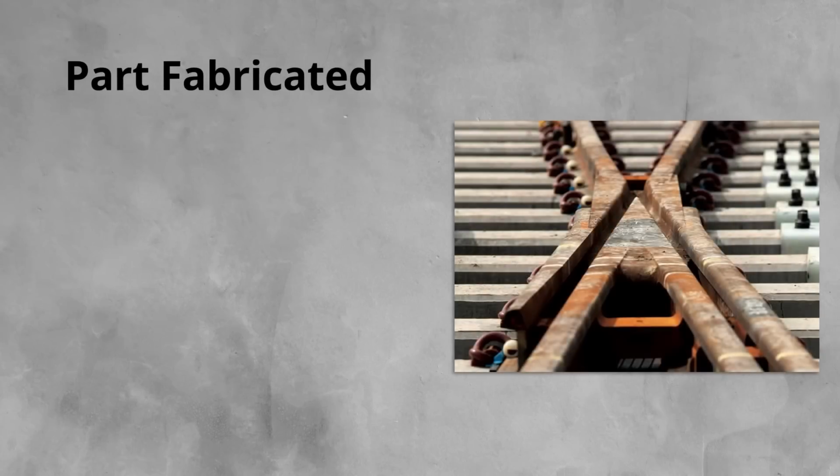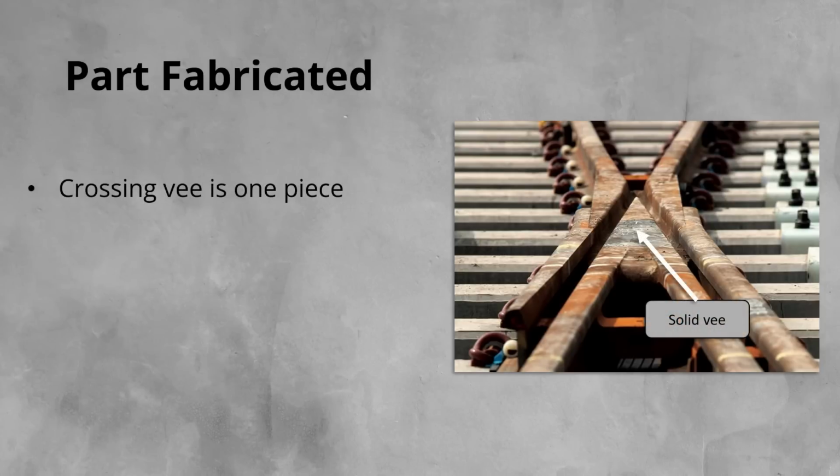Next up is the part fabricated crossing. Although there are 2 different subtypes of part fabricated crossing, they both follow the same general principle. In a part fabricated crossing, the V is 1 piece, rather than 2 as in a built-up crossing.